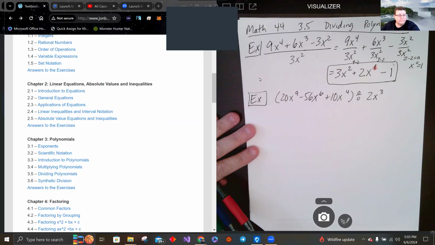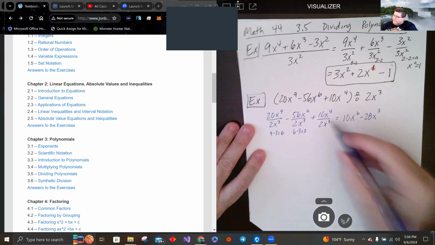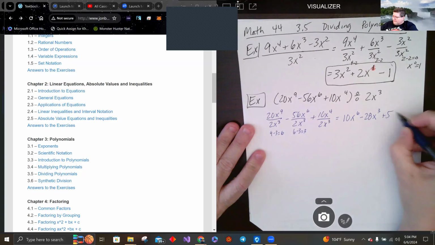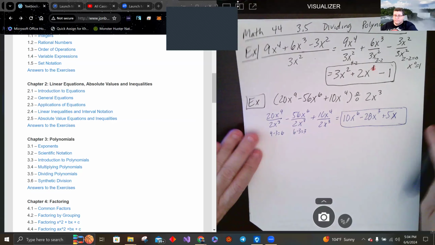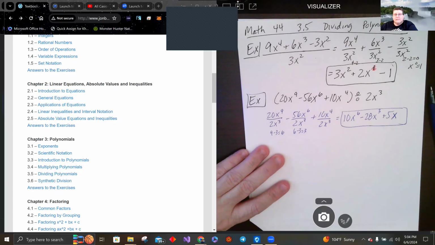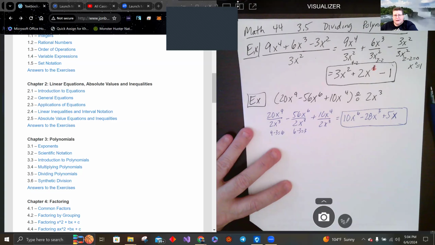The first one, I get 10. 9 minus 3 is 6, so x to the 6th power. 56 divided by 2 is 28. If I do 6 minus 3, I get 3, so x to the 3rd power. 10 divided by 2 is 5, and x to the 4th over x cubed is x. So you're dividing each one in.